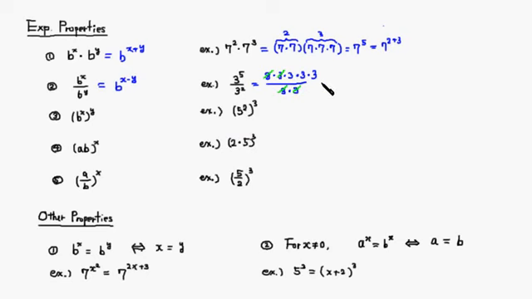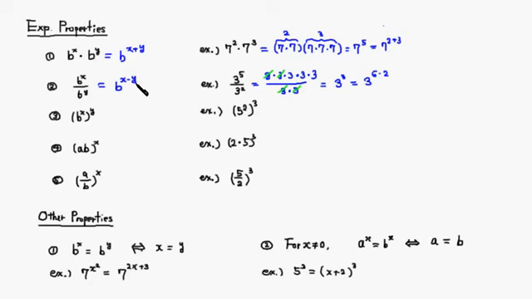Therefore what's left is 1, 2, 3, so you have 3 3's left. So you have 3 cubed. But where did that power 3 come from? You originally have 5, you cancel out 2. So it came from 5 minus 2. So it's going to be 3 to the 5 minus 2. That's why b to the x over b to the y is equal to b to the x minus y.